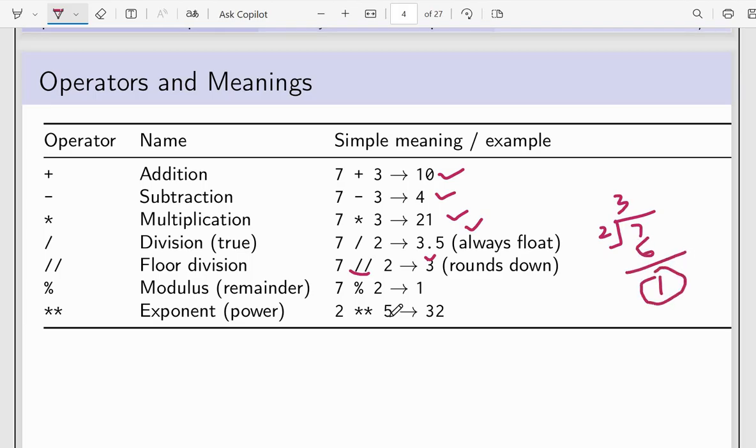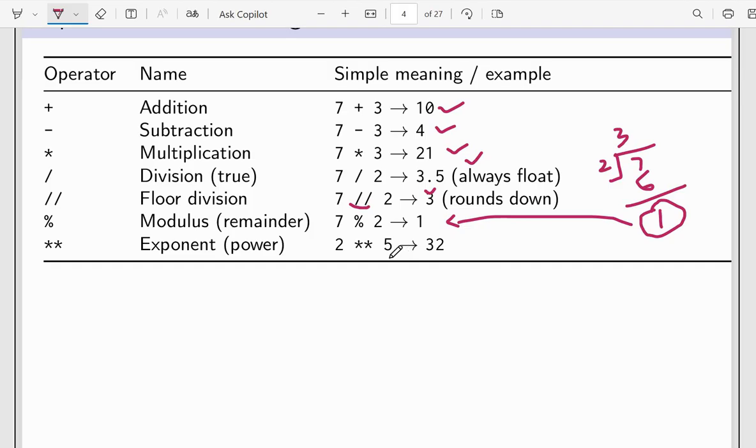This is the remainder, so it shows 1 here. And exponential means 2 raised to the power 5, which is equivalent to 32.